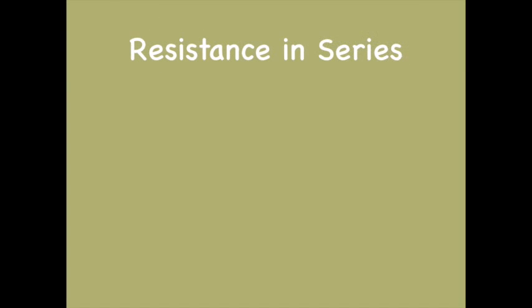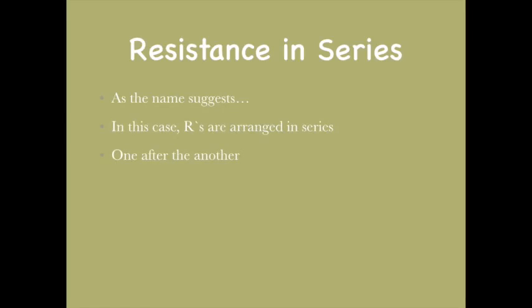Now let's first look at the series combination. So if we have resistances in series, as the name suggests, we have all the resistances arranged in series. That is, they are arranged one after the other. So series resistances are connected across the two ends of a battery.